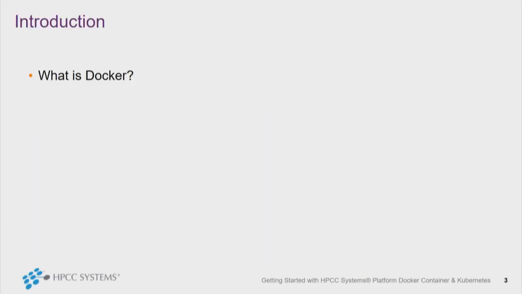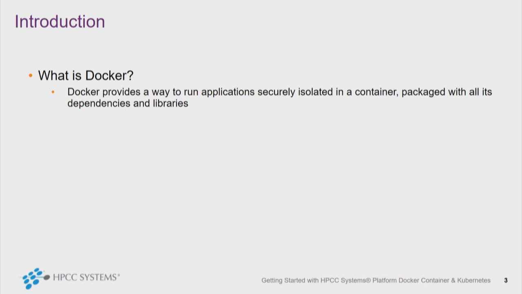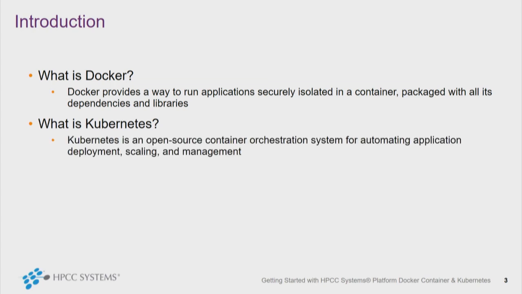So what is Docker? Docker provides us a way to run applications securely isolated in containers, packaged with all of its dependencies and libraries. What is Kubernetes? Kubernetes is an open source container system for automated application deployment, scaling, and management.